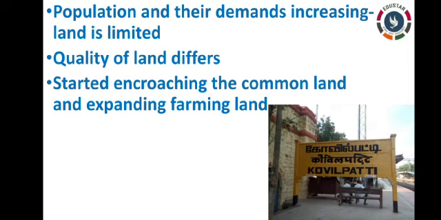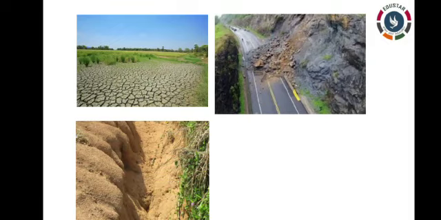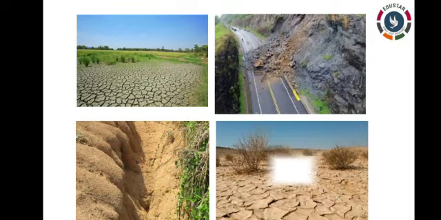So the vast changes in our society are because of the land use pattern of these people. Land degradation, landslides, soil erosion and desertification are the major threats to the environment because of the expansion of agriculture and construction activities.